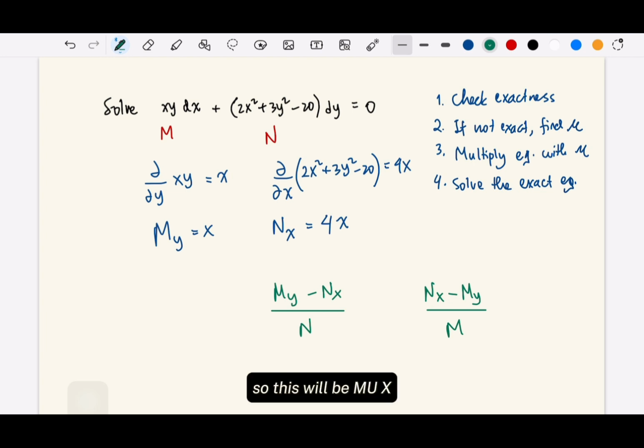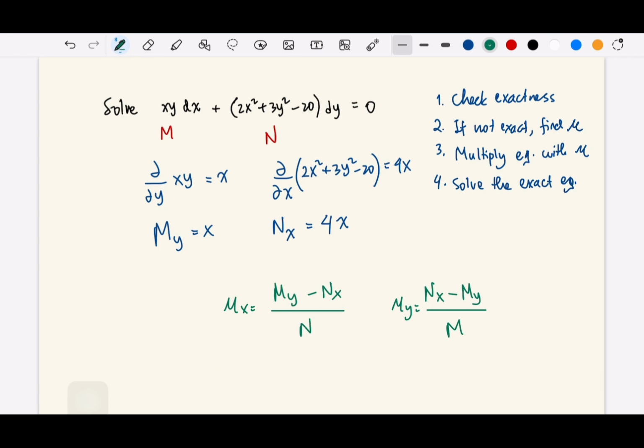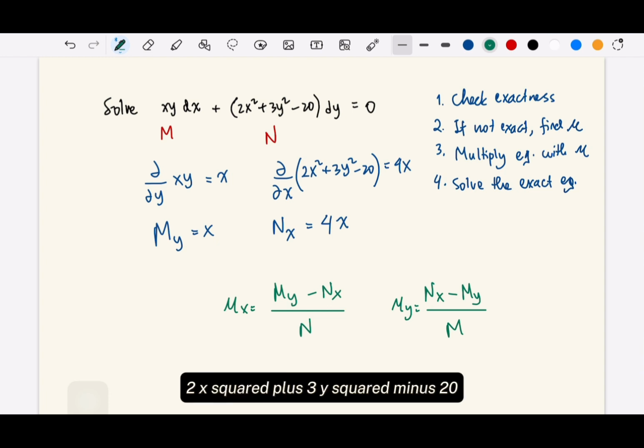So this will be mu_x, and this will be mu_y, right? So which one are we going to choose? It depends on our equations. Firstly, look at the M and N. The M is xy, and the N has 2x squared plus 3y squared minus 20.